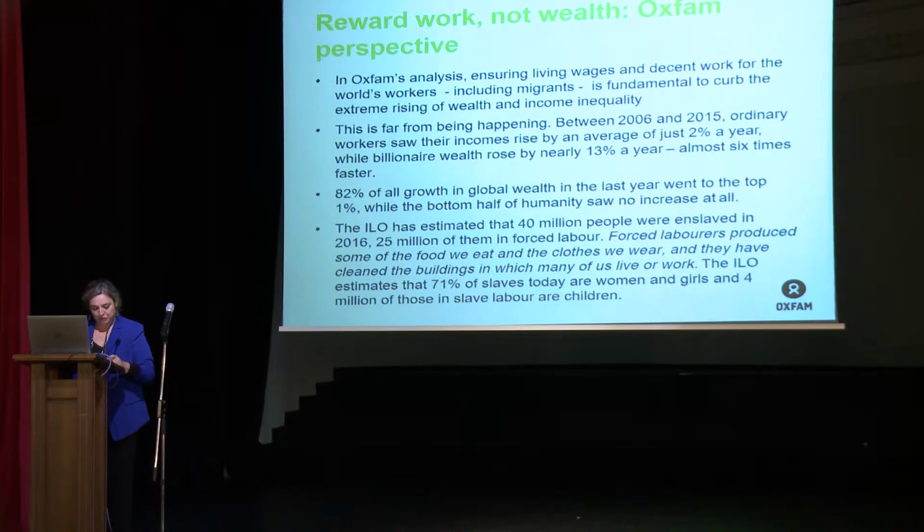As Dr. Zibas has already outlined, worse than that, we still have the issue of modern slavery in the world, and forced laborers that produce some of the food we eat and some of the clothes we wear, and they actually contribute to the world's economy while being enslaved.